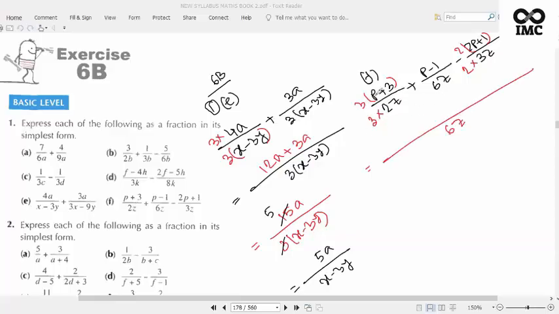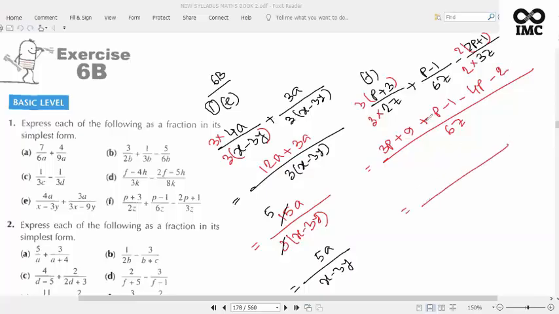Now, numerator: 3 into p, 3p plus 3 3s are 9 plus p minus 1 minus 2 into 2p, that is minus 2 2s are 4p plus 2 1s are 2.